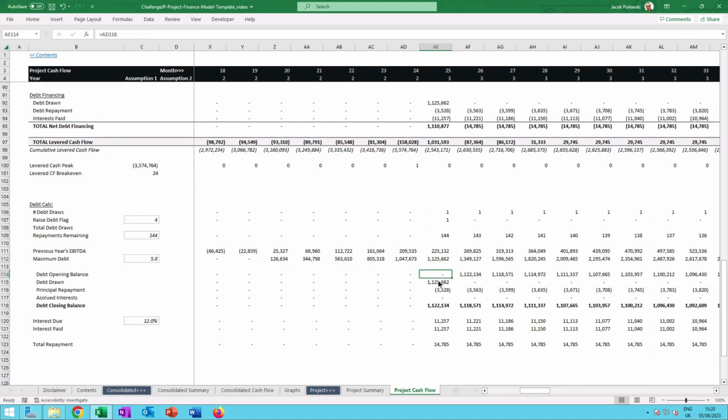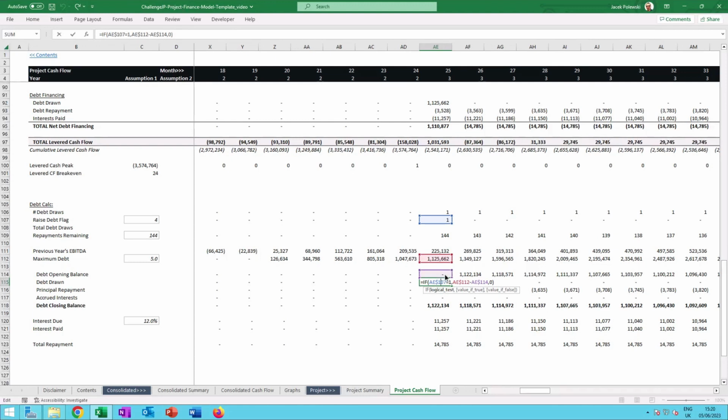And the model draws the debt at the beginning of every year. So in this case, this is month 25, so that would be a January. What the spreadsheet does is it just looks at that debt ceiling, which is 1.1 million. Then it looks at, okay, how much debt have I drawn so far?